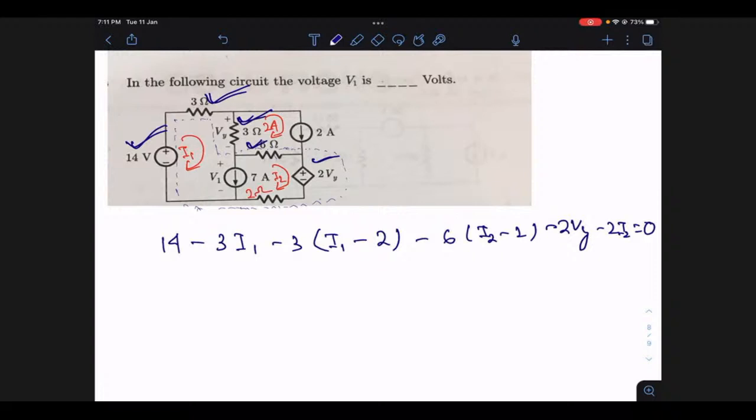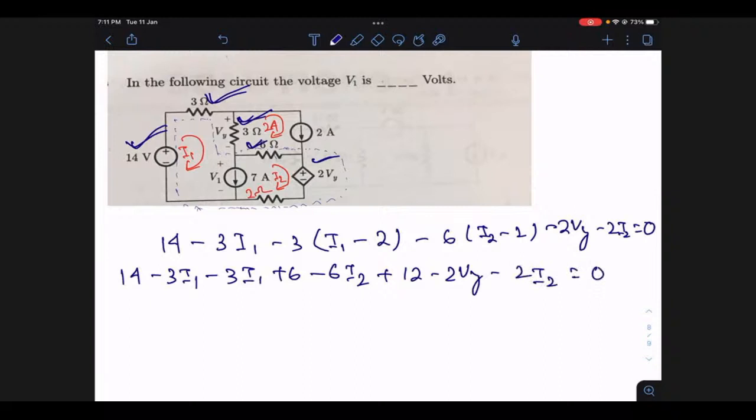Now let us simplify these equations. 14 minus 3i1 minus 3i1 plus 6, minus 6I2 plus 12, minus 2Vx minus 2I2 is equal to 0. But where is this Vx defined? It is defined here.